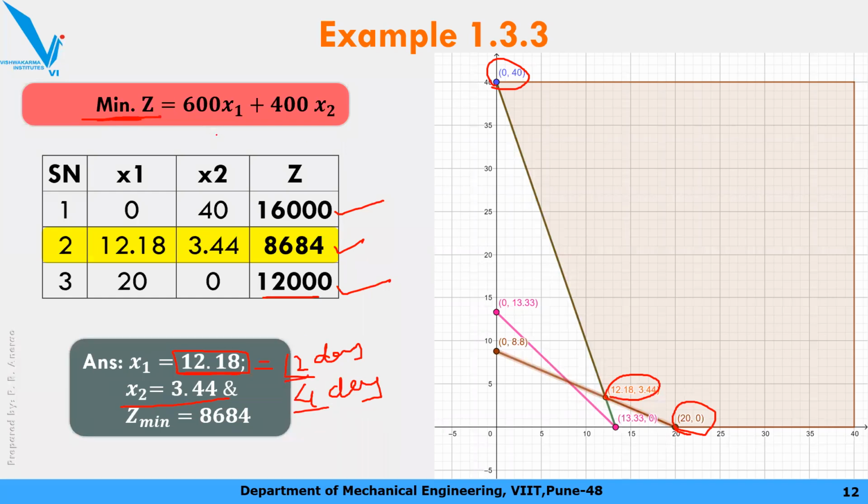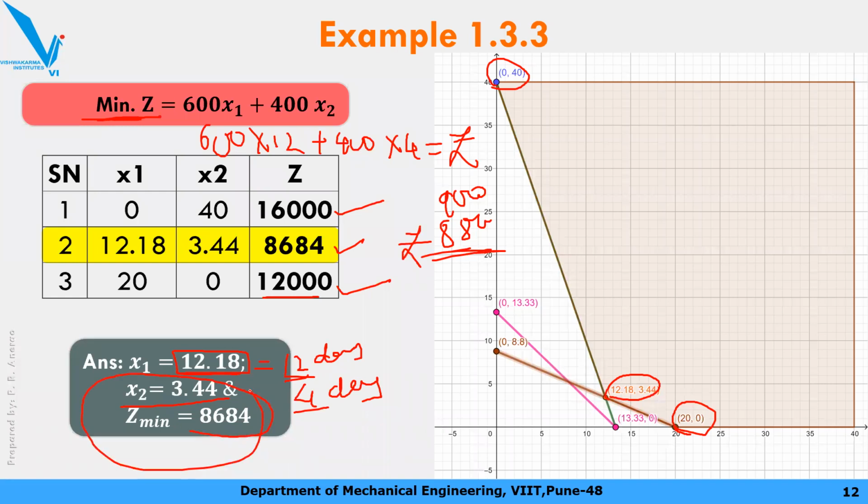So 600 into 12 plus 400 into 4, Z is around 8,800 something. That will be your answer Z. If you kept 8,684, it's okay, but in reality you should represent it as 12 and 4, converting fractions to whole numbers.